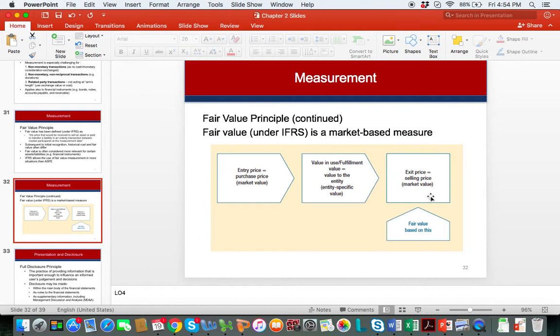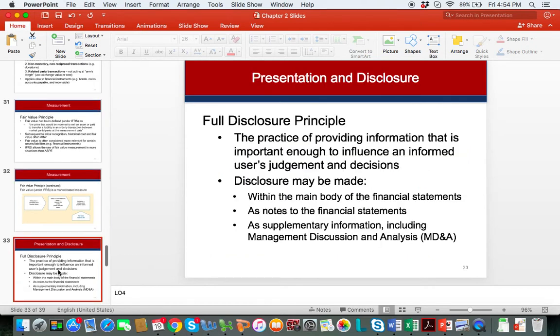But on the open market, somebody else might say buying that machine is 8 million, then the fair value is 8 million, the historical cost is 20 million, and the carrying amount is 10 million.